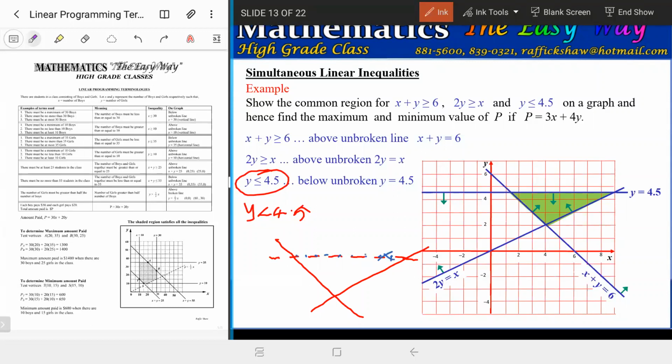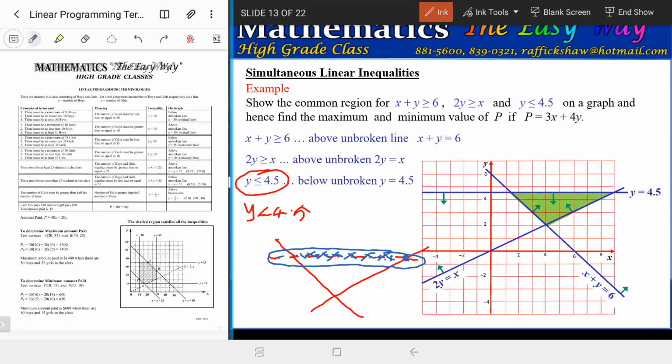Points on this line would not be valid. Not even the vertex right here would be valid, because it would be on the broken line. Points on a broken line are not valid because you would want values less than 4.5. Points on this line are equal to 4.5, and you don't want equal, you want less than.